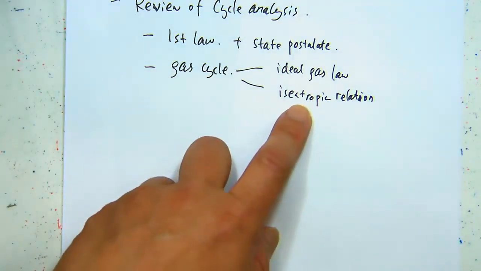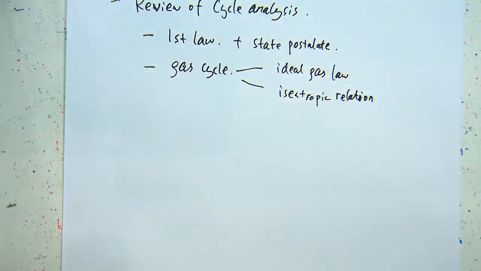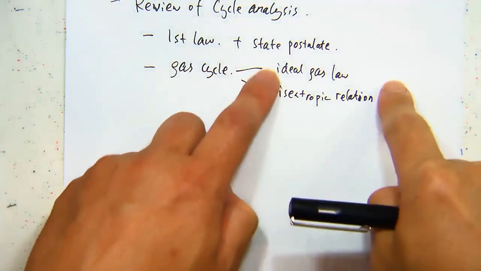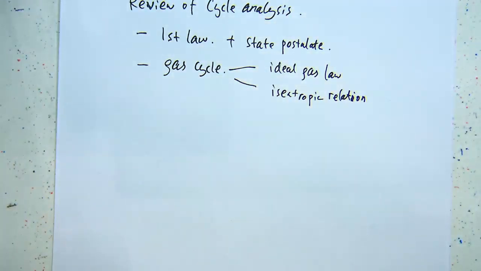The isentropic relation, if you recall, comes from the Gibbs equation, and the Gibbs equation is a combination of the first law and second law. So these two can be used for the gas cycle to solve the problem.